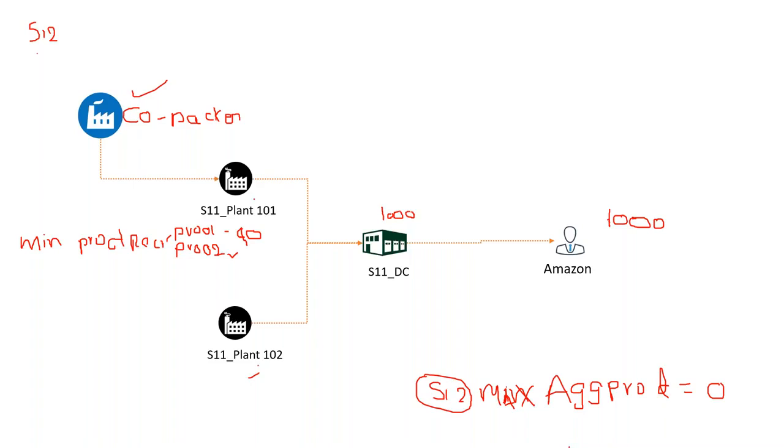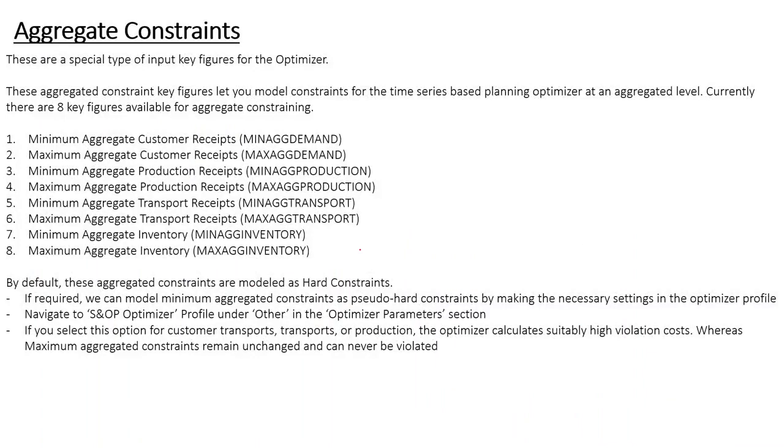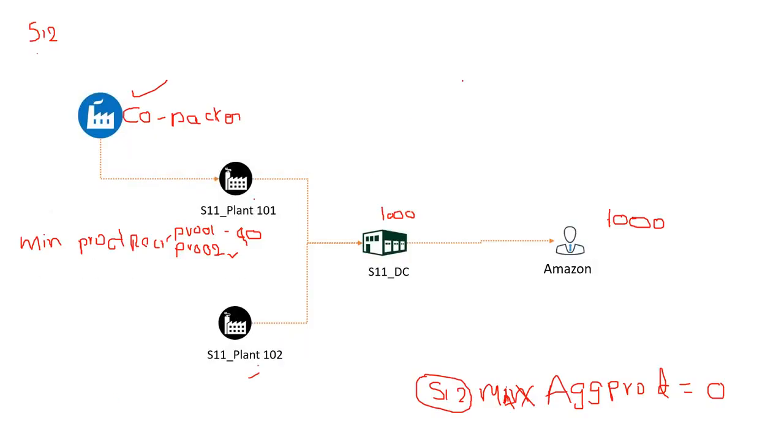Okay, and it can be maintained at any level. The same is the case with the other key figures, like let's say minimum aggregate customer receipts. This is more from a customer perspective. So now for Amazon, you will say the minimum aggregate customer receipts, and here you will not even mention any product.